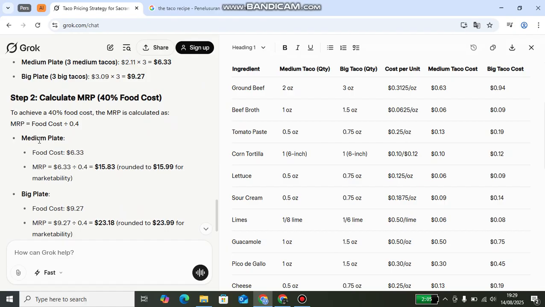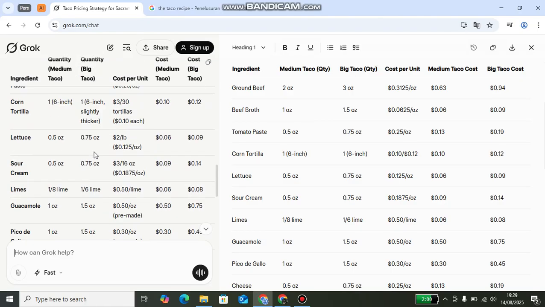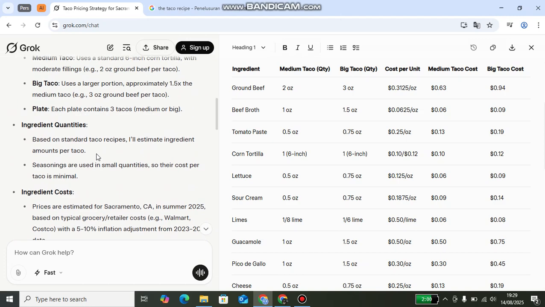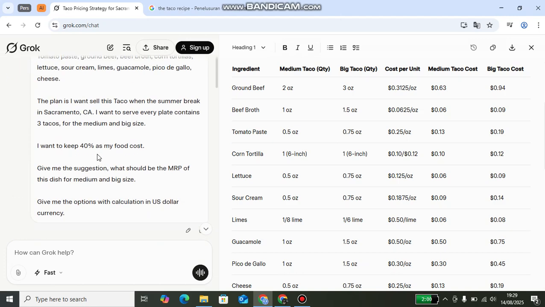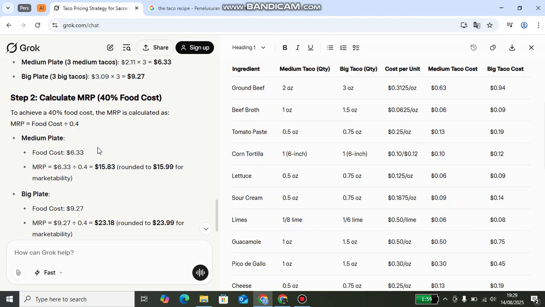For example, the medium plate would be $6.33. And if you would like to keep your food cost at 40%, then you can sell this taco to your customer for around $15.83, or you can round it to $16.